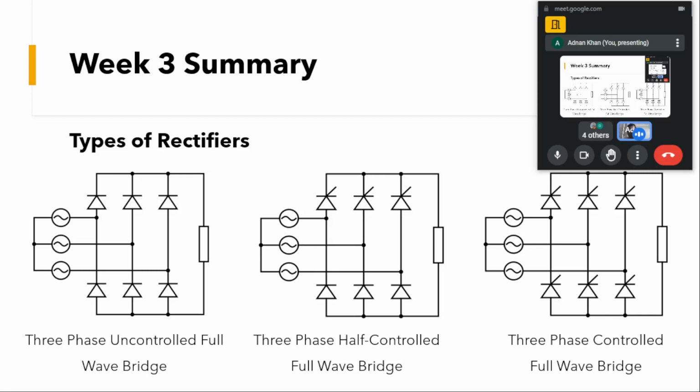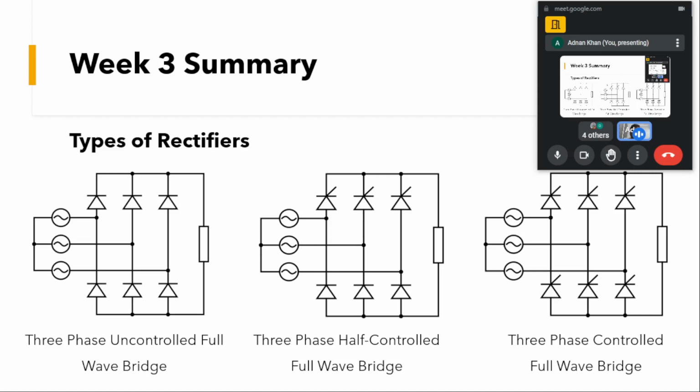Coming to the second picture, you can see the top three devices are thyristors, which are controllable, and we can turn them on as per our will, depending on what kind of voltage waveform we want at the output.